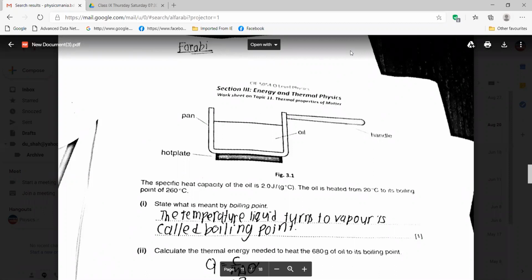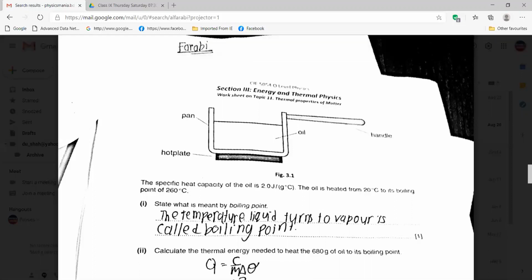Okay, so you should learn the boiling point definition, right? What is the boiling point? The temperature at which liquid turns to vapor is called the boiling point. You should write here: the temperature at which liquid turns to vapor on heating.